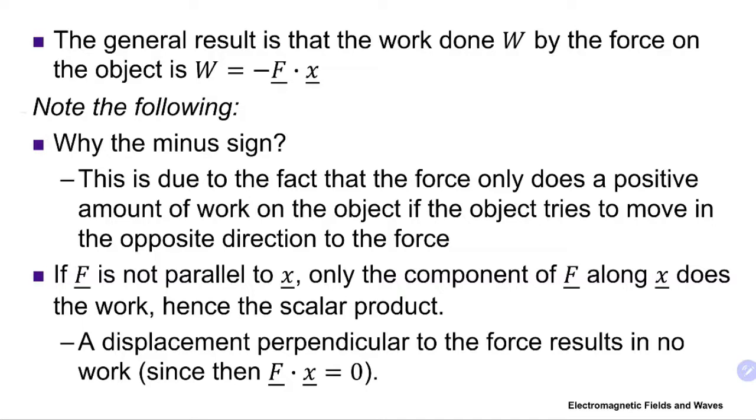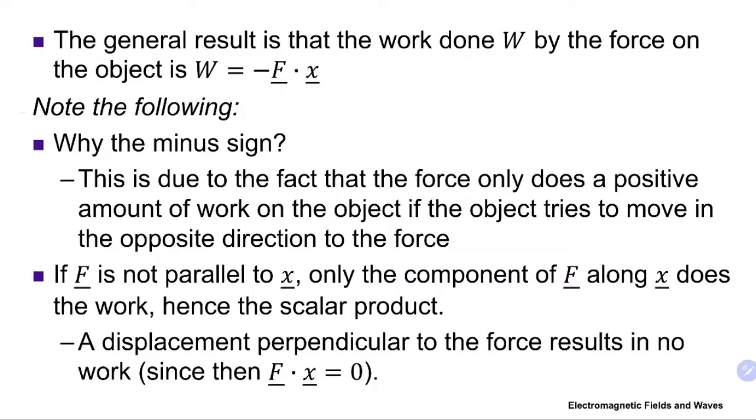And the minus sign is due to the fact that the force only does a positive amount of work on the object if the object tries to move in the opposite direction of the force. So if F is not parallel to x, only the component of F along x does the work, hence the scalar product.